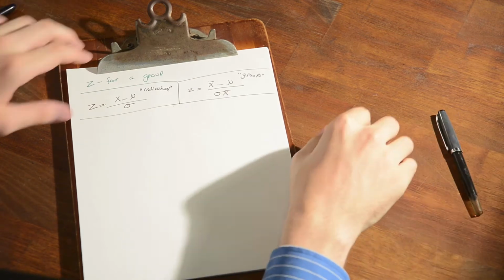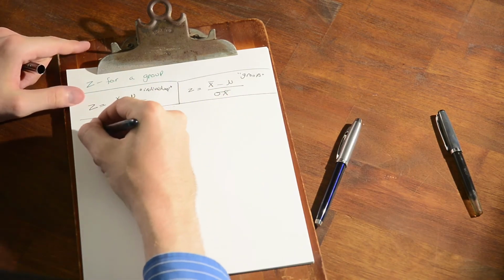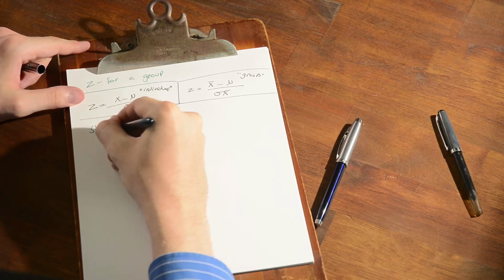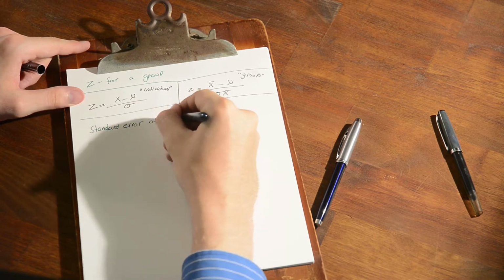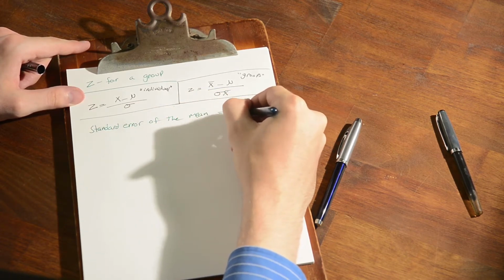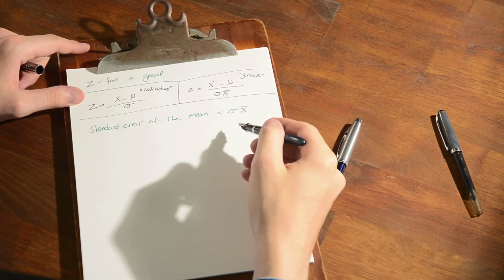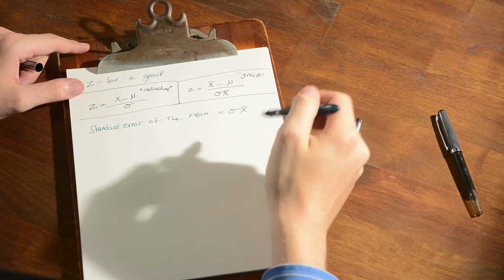So when we're talking about our standard error of the mean, we know that it's equal to sigma sub x bar. And this makes sense because the full name is the standard deviation of the sampling distribution.